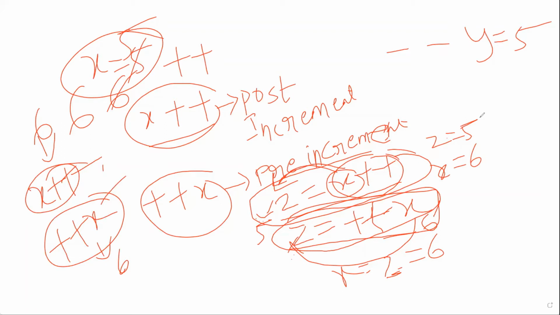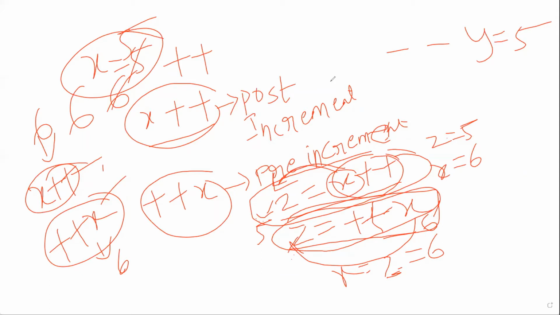If I am using the post increment operator, first it assigns the x value to z, then x will increase. If you are using the pre-increment operator, first it is going to increase the value of x, then assign it to z.